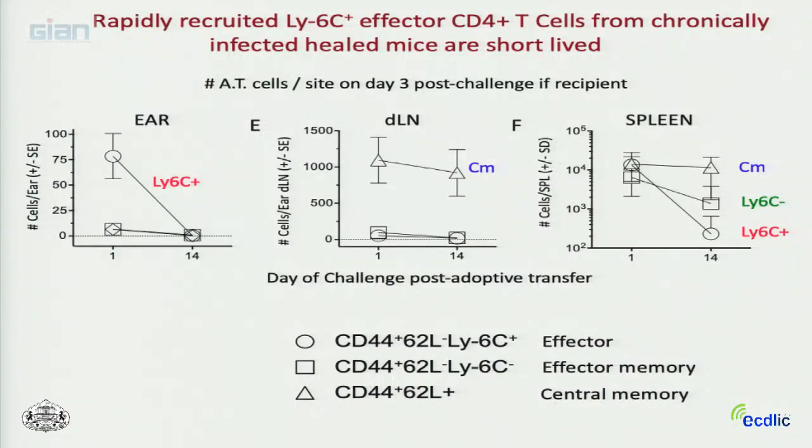And the reason the healed mice are so immune is they have persisting infection, so they constantly renew this population of effector cells. But the vaccinated mice that have received a non-living vaccine, they can't maintain those cells. They can only maintain central memory cells, and they don't get there quickly enough.